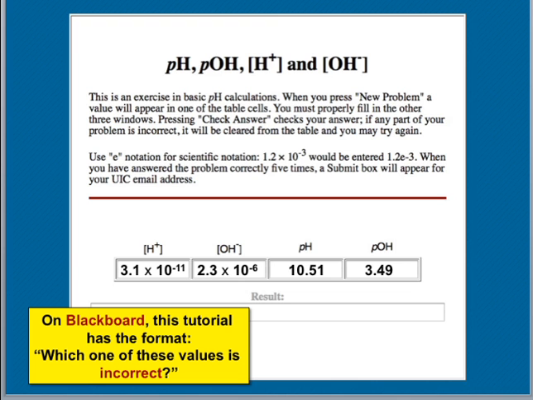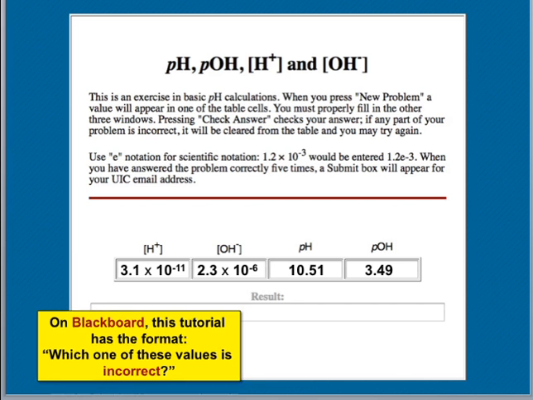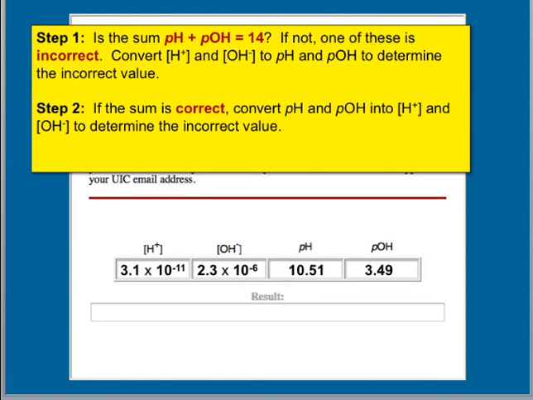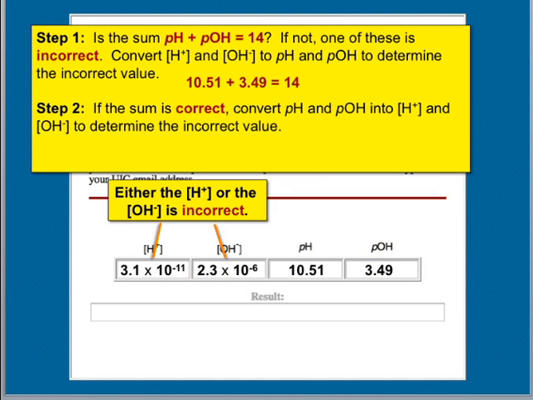Same thing with hydroxide, type this in, hit its log, it should be 3.5. So the way you would do this, step 1, is this equal to 14? 10.5, 3.5, yep, that's 14. So that means that either this or this is incorrect.